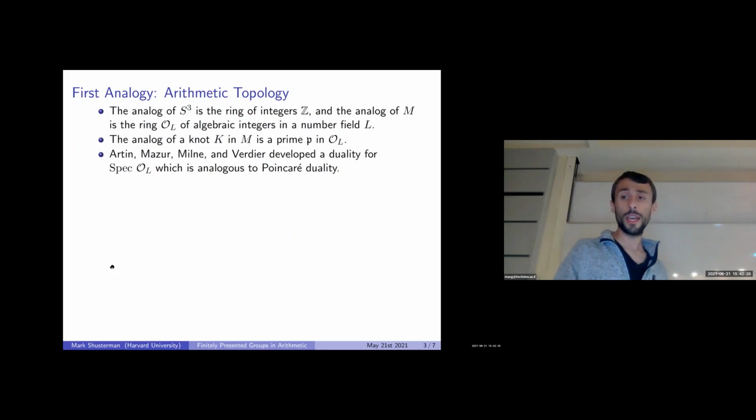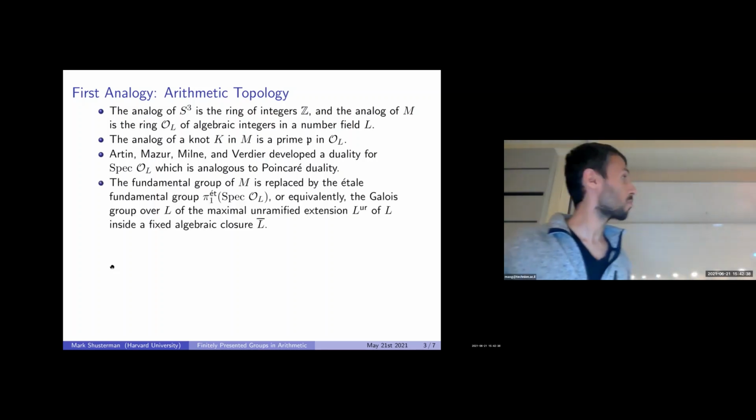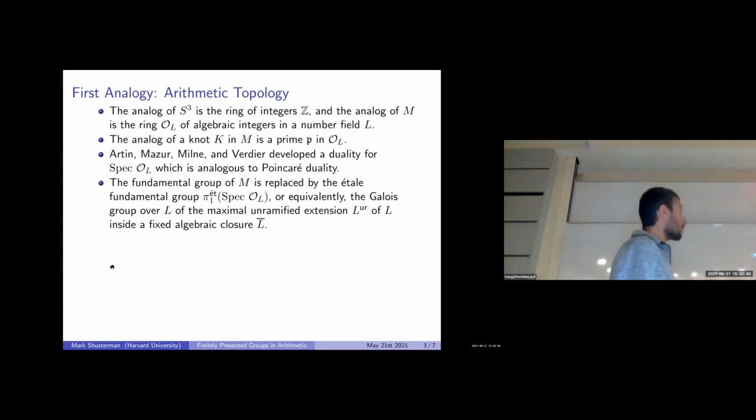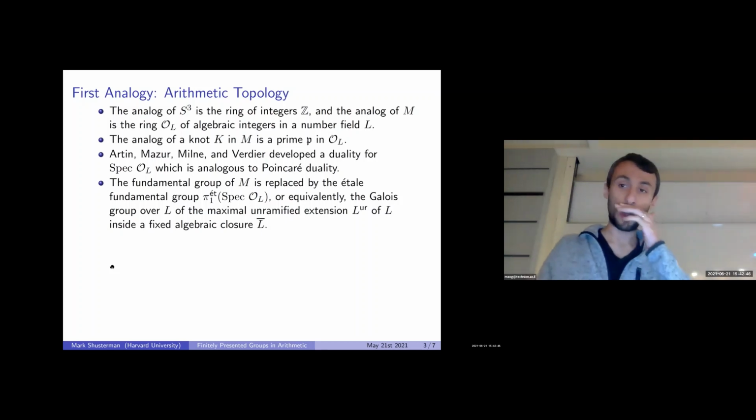The only thing, it goes even further than that. So Poincaré duality, the way I stated it, is just with coefficients in Q, let's say, but you can put coefficients in various sheaves. So it's quite a general thing. And so the fundamental group is replaced by the étale fundamental group. You can define it by unpacking the definition of what étale means.